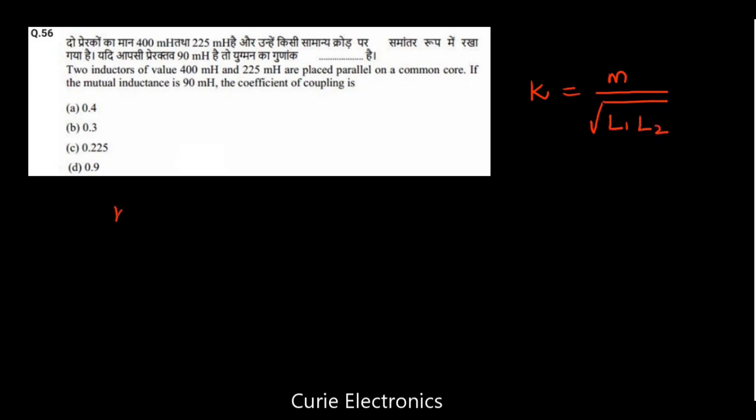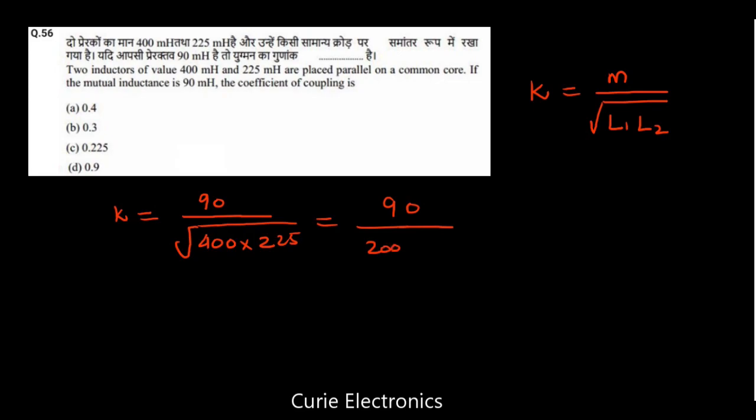So K equals 90 millihenry, the mutual inductance, upon square root of 400 multiplied by 225. Square root of 400 equals 20. Square root of 225 equals 15.